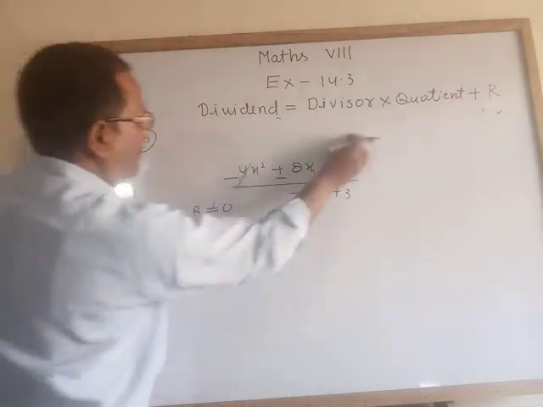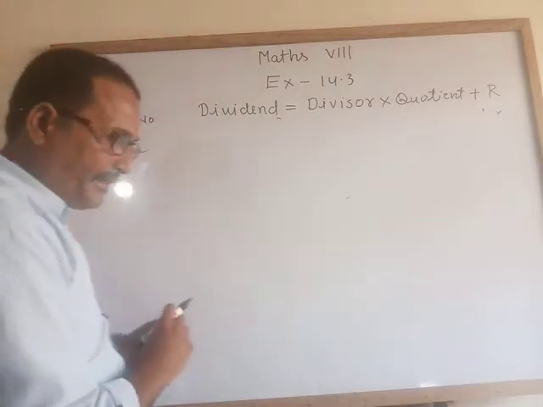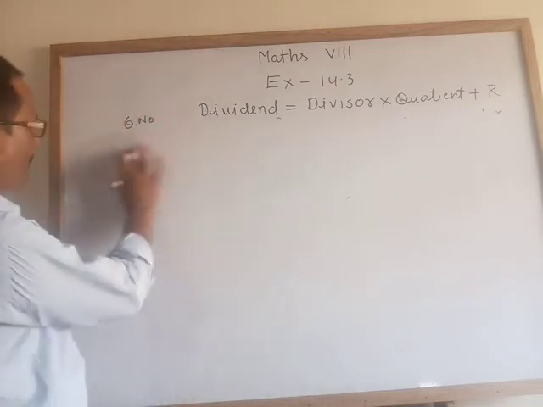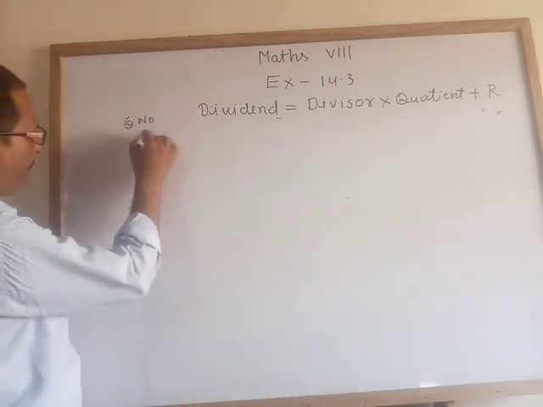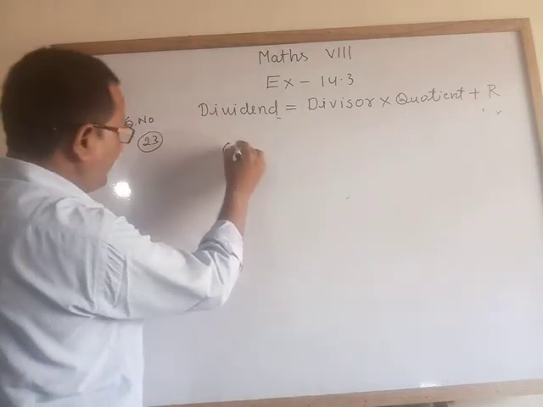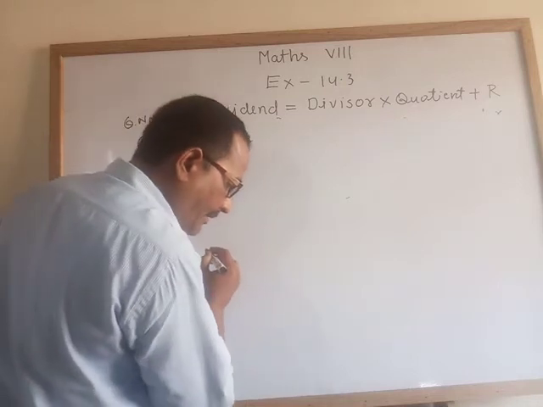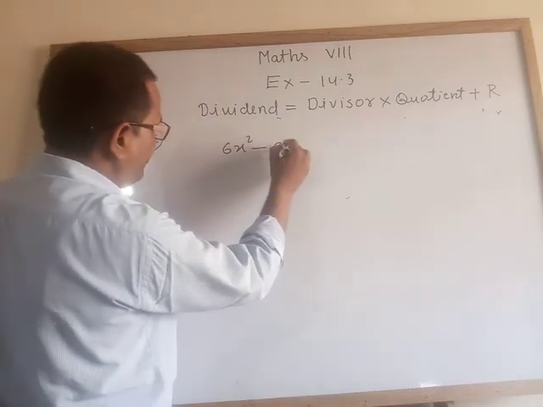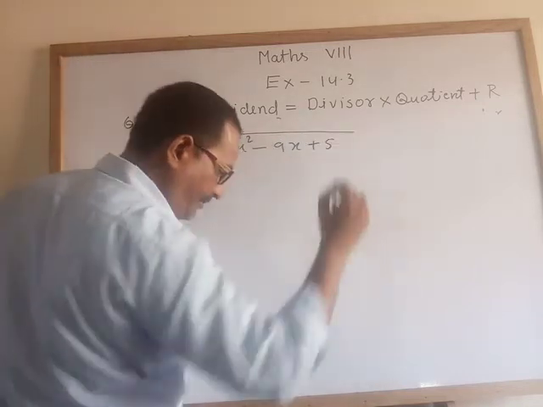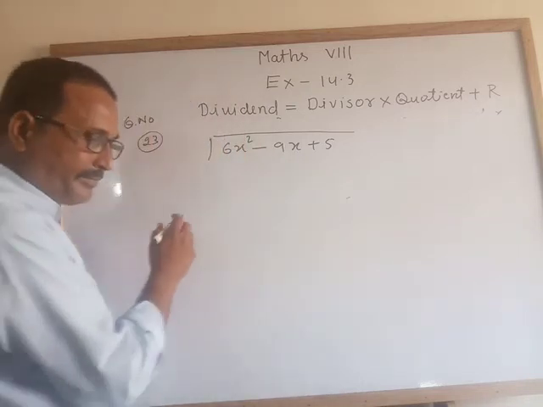Now question number 23. Given 6x square minus 9x plus 5 divided by 2x minus 3.